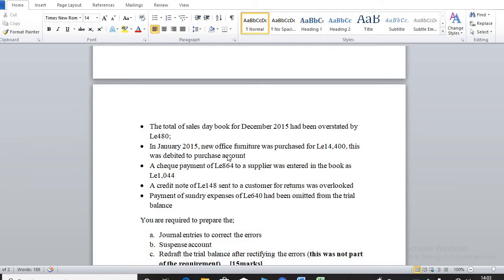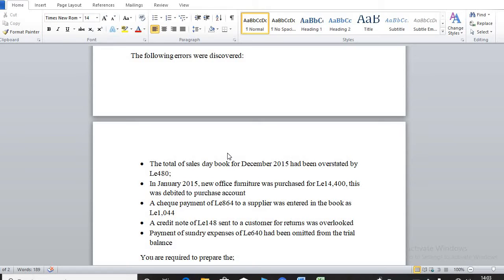Very interesting. Accounting principles have taught us that we should always differentiate between capital expenditure and revenue expenditure. One will ask, what is capital expenditure and revenue expenditure? Capital expenditure is an expenditure whose benefit will go beyond one accounting year. You can talk of expenditure on land and building, motor vehicle, and other stuff.